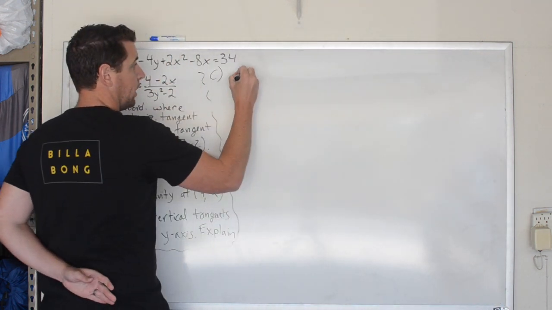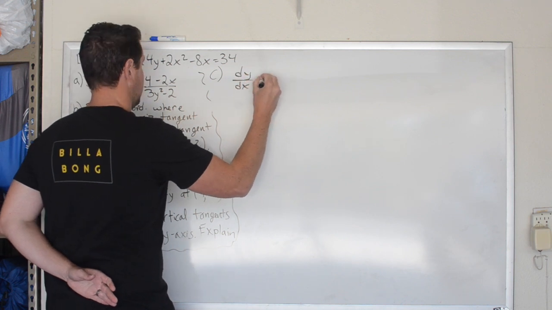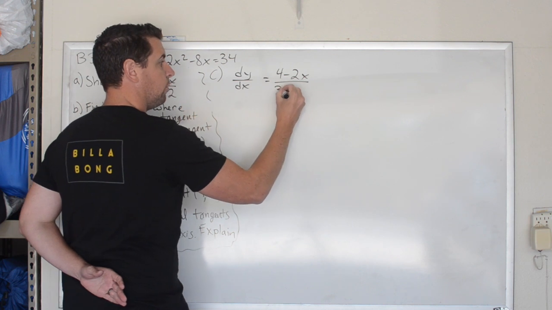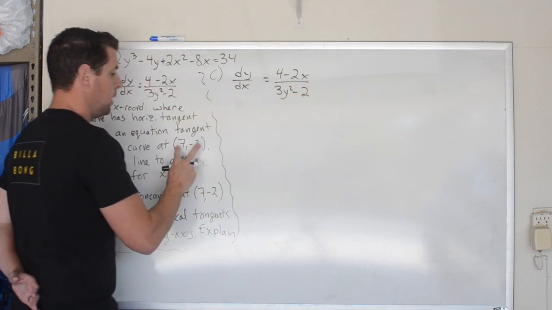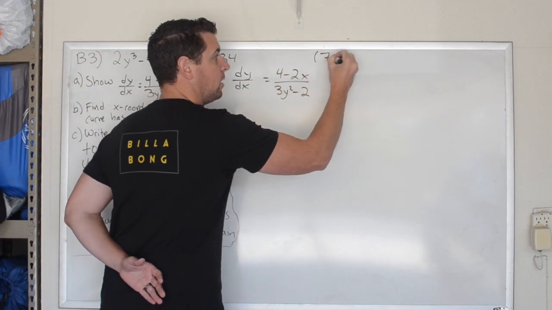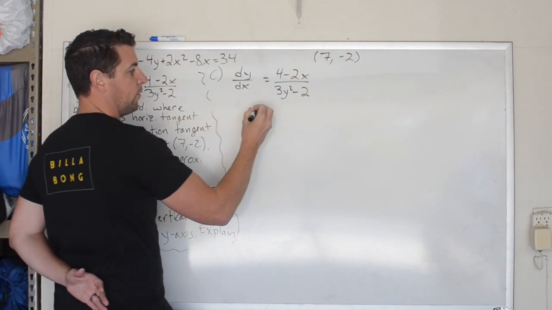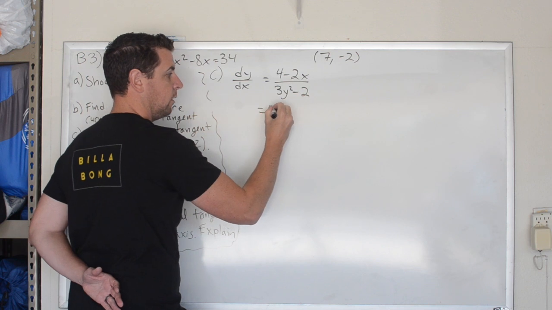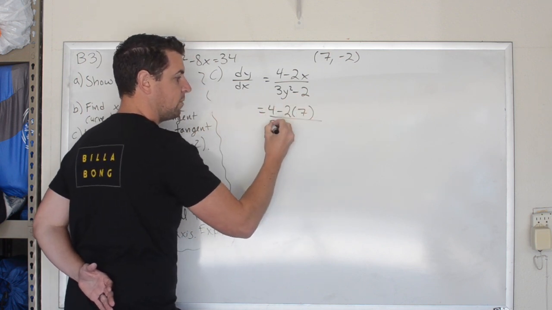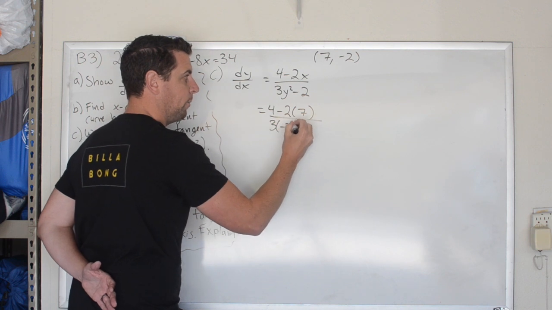We have dy/dx is equal to (4 minus 2x) over (3y squared minus 2). I'm going to put in the point (7, negative 2): 7 substituting in for x, and negative 2 substituting in for my y value.